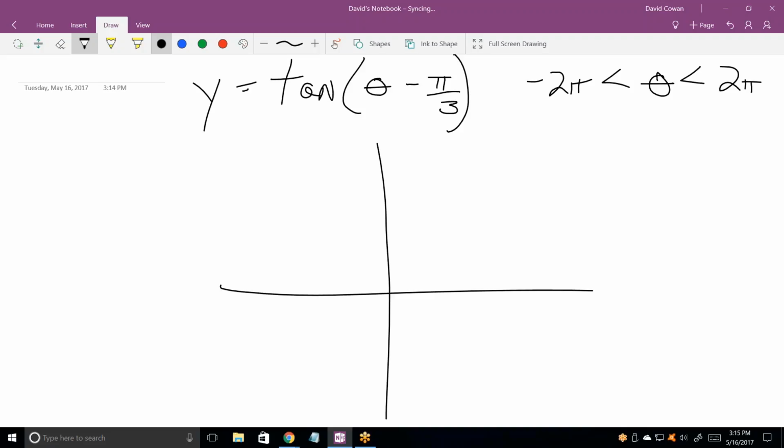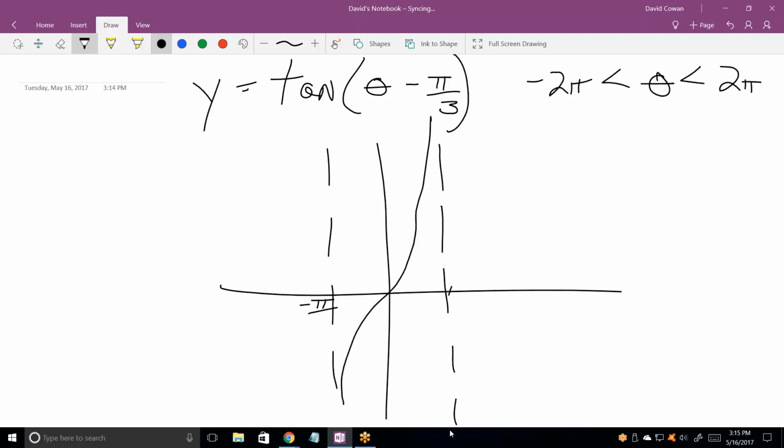If I were to graph just tangent of theta, what are these asymptotes? Here's what tangent of theta looks like. Isn't it minus pi over 2 on the left, positive pi over 2 on the right?